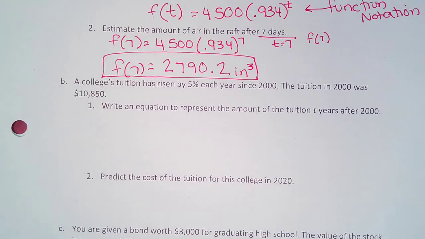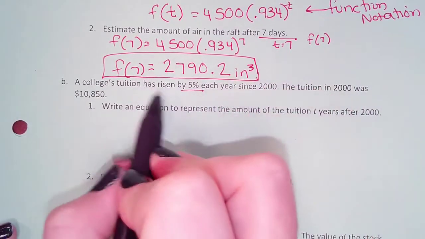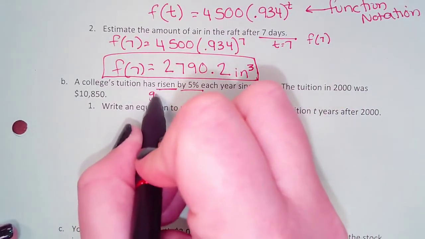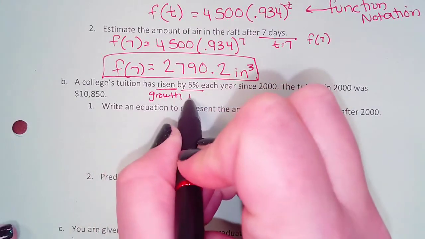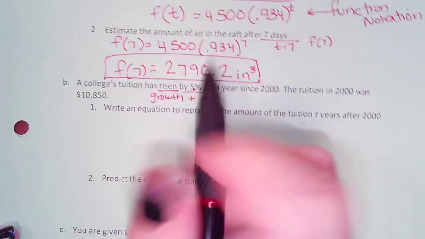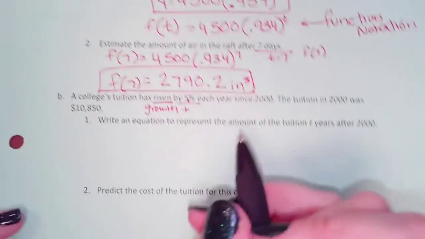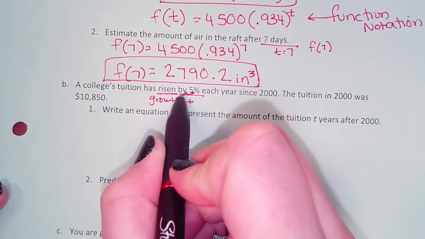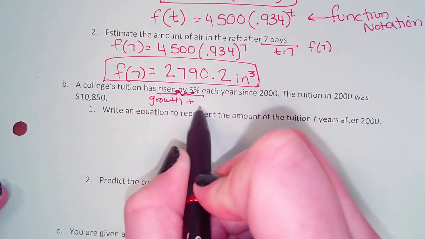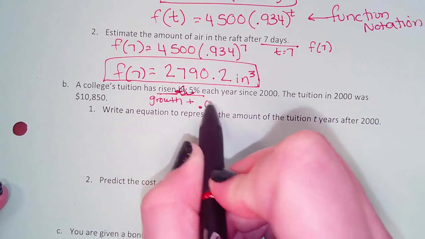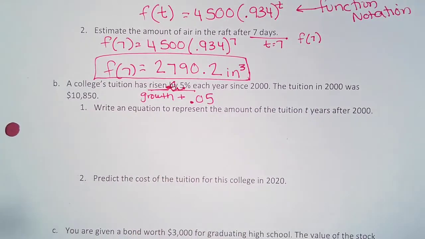Write an equation to represent the amount of tuition T years after 2000. Okay, so 5% and it's rising, so it's growth. So we're adding, and let's move this. So I already did that up there kind of. Let's show it again. Move it to the left 2 spots. So the new decimal point's here, and add in a 0 in that spot. So 0.05.